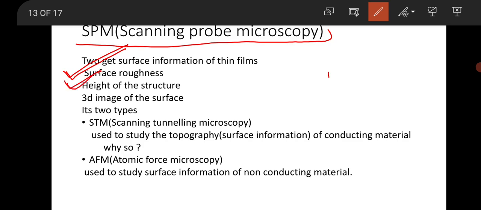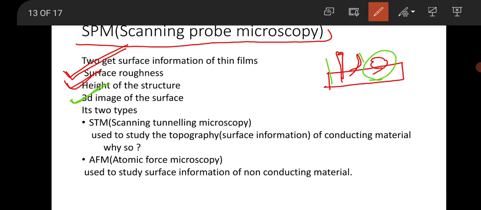Suppose you have grown nanotubes or nanowires or nanoflowers on the surface of a substrate. So the height of the structure, that is the height of this nanotube or nanowire, and the width and the length of these nanoflowers, you can estimate by doing this SPM. Then the 3D image of the surface you can also get from this SPM.